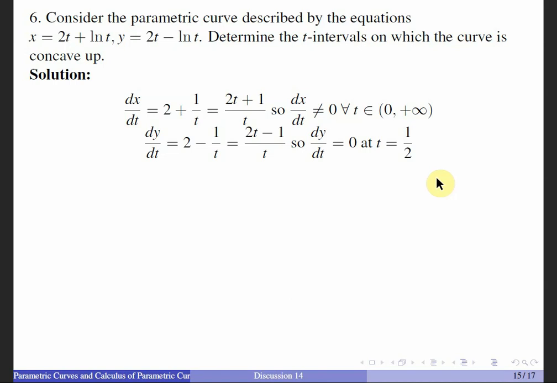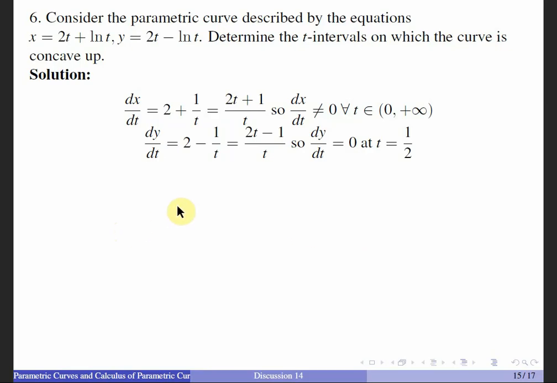Since we're dealing with the second derivative, we need the derivative dy over dx, so we need to show that the curve is smooth. Again, we check if dx over dt and dy over dt are continuous on the given interval 0 to positive infinity.